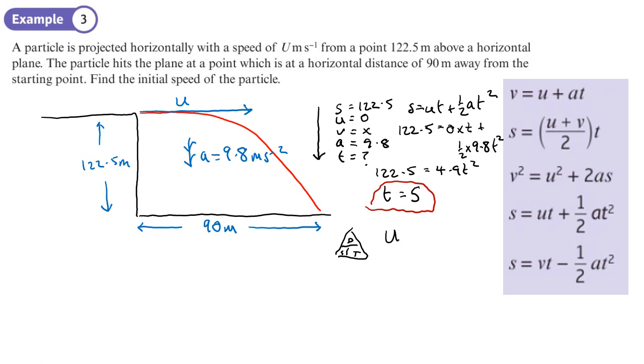U equals the distance 90 over the time 5. It's going to be 18. So there we go. U equals 18 meters per second, and it's a nice whole number answer. So let's just highlight our final answer there.